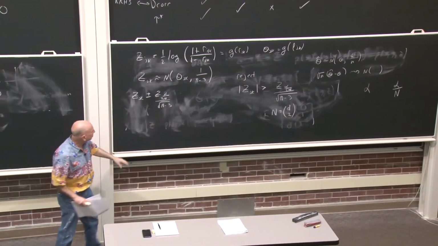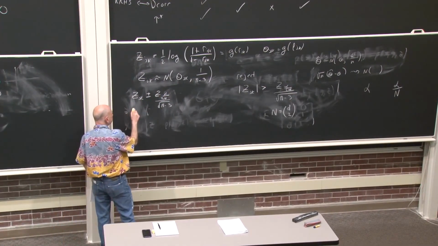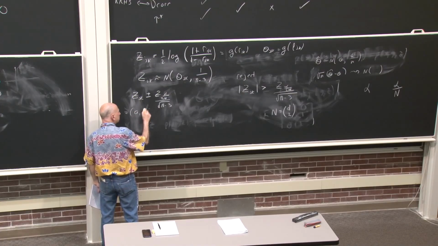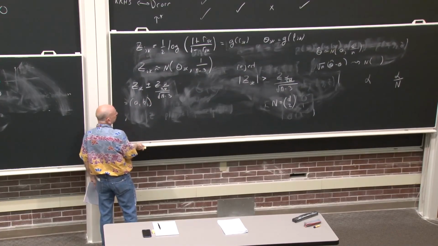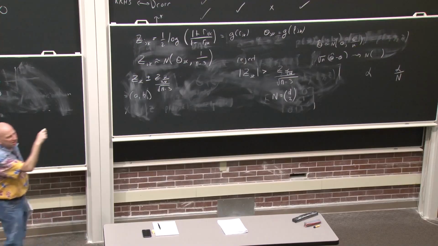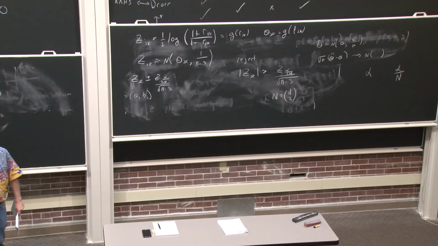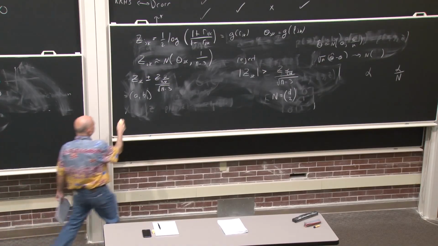So if we undo the transformation, let's suppose we call this A and B. You apply the inverse transformation, which is e to the something plus e to the something, one of those transcendental things that I'm forgetting.